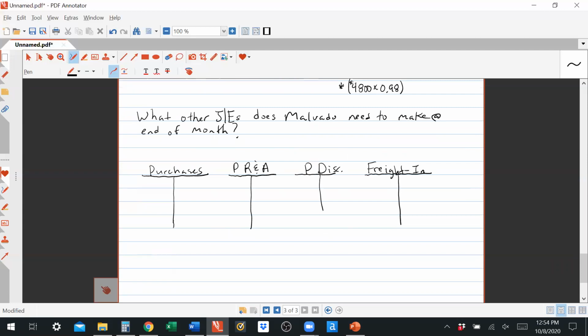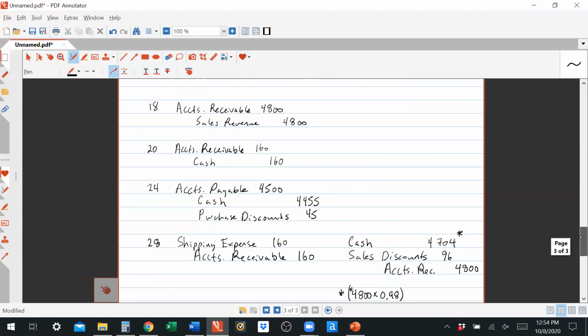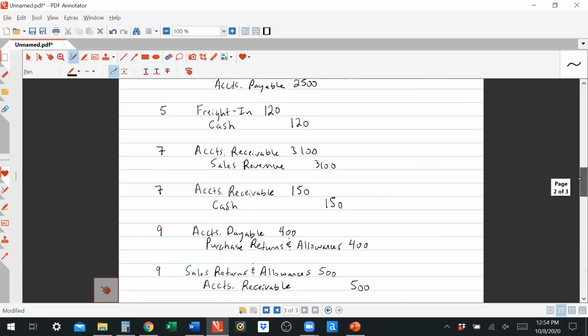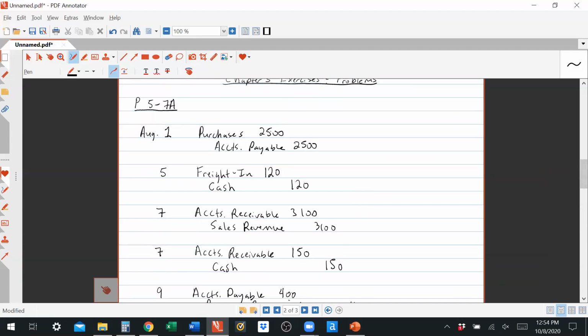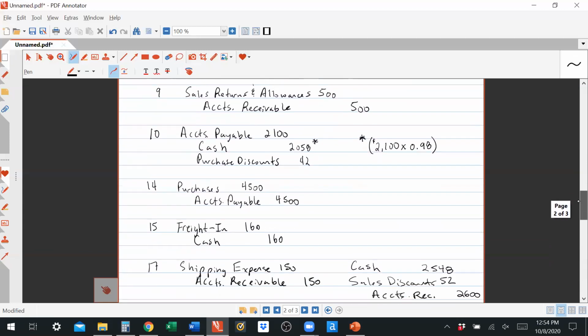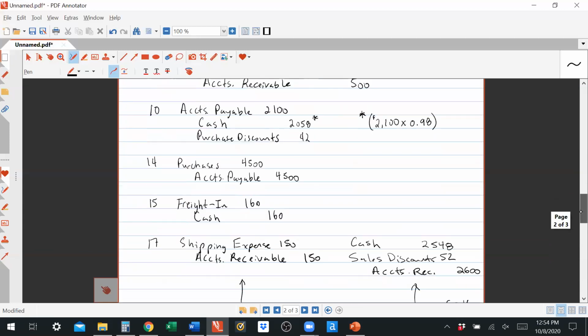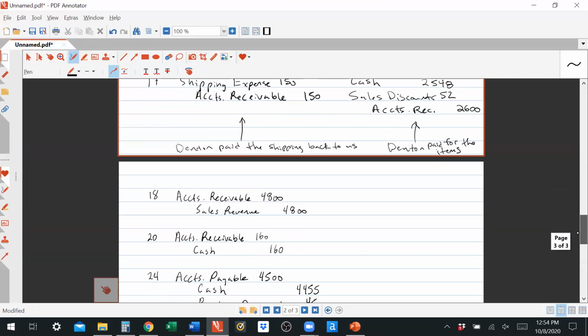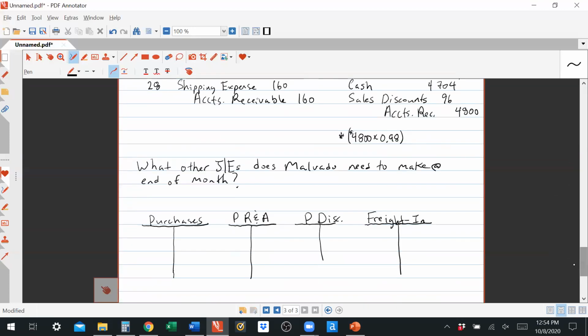So purchases has a balance of, let's see, $2,500 here when we bought stuff from Norris. Where else did we debit purchases? $4,500 here on the 14th when we bought stuff from Chambers. So those are the only 2 purchases we made. $2,500, $4,500. So purchases is sitting here with a $7,000 debit balance.